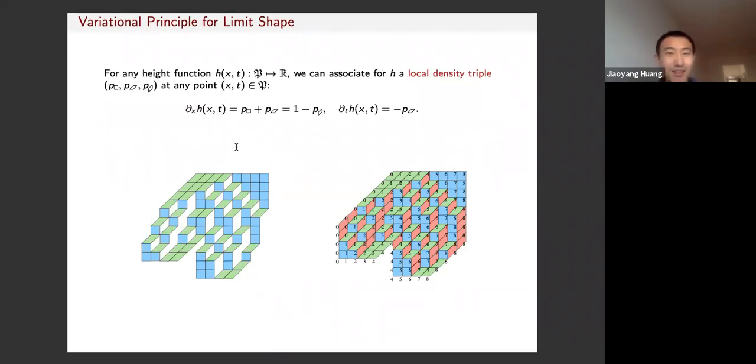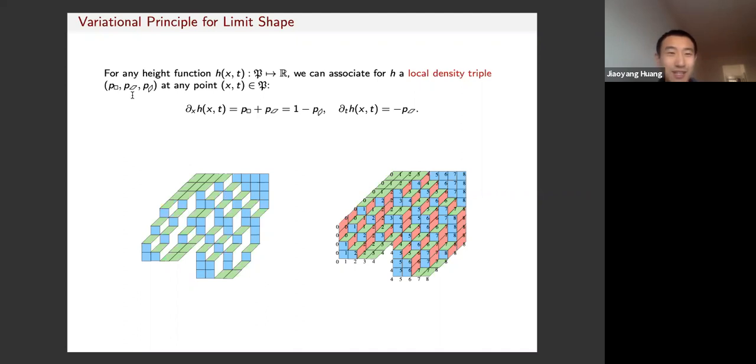Another notion I need is the local density triple. For any given height function H, we introduce the local density triple, which is basically: you pick any point (x, t) and look at its small neighborhood, and then you compute the density of those three types of Lozenge.